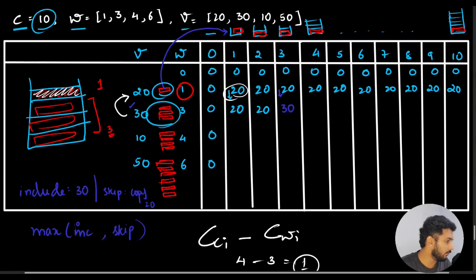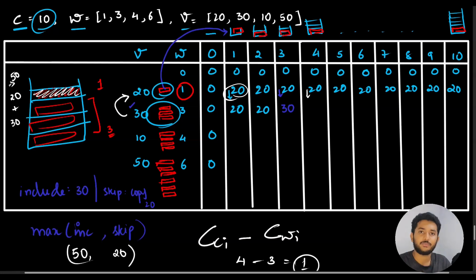Now if you include these three, which is 30 plus the one block will be 20, we are making the profit of 50 on inclusion. If we skip, we would make 20. Now you tell me, is 50 maximum or 20? Because 50 is maximum, we will write 50 here and then continue the program.